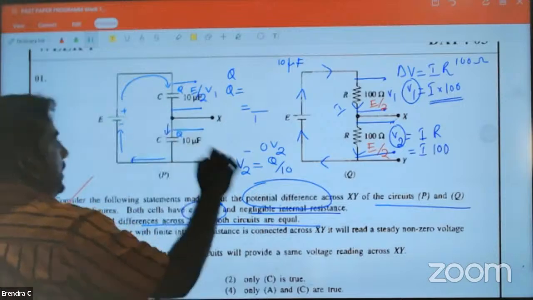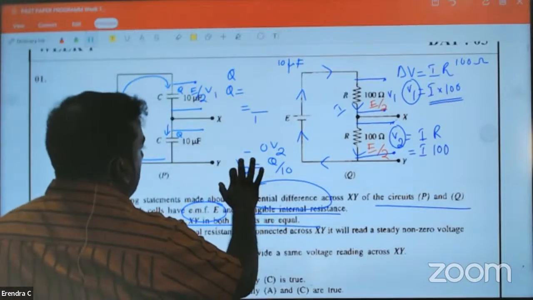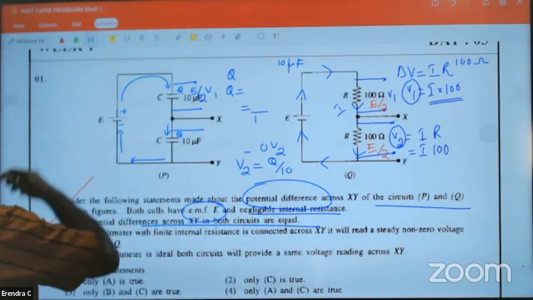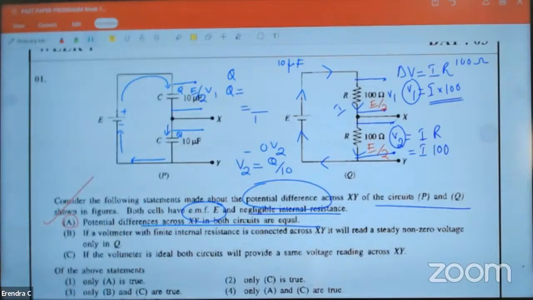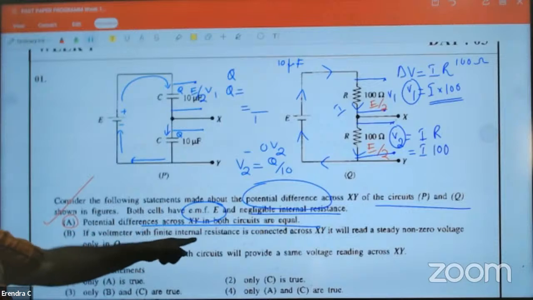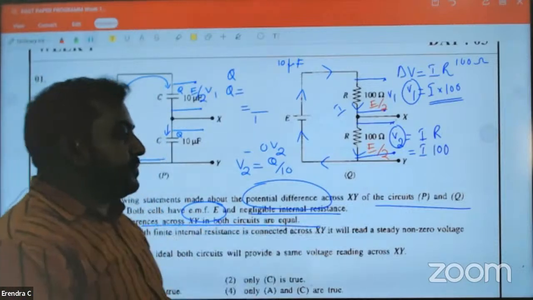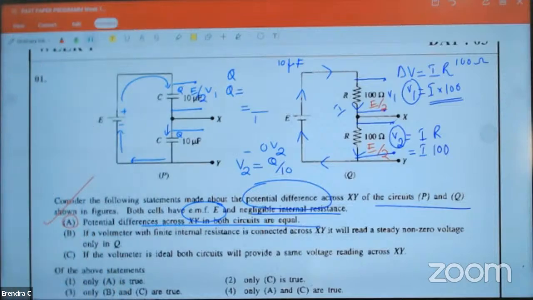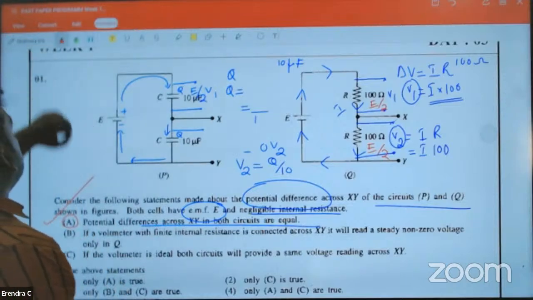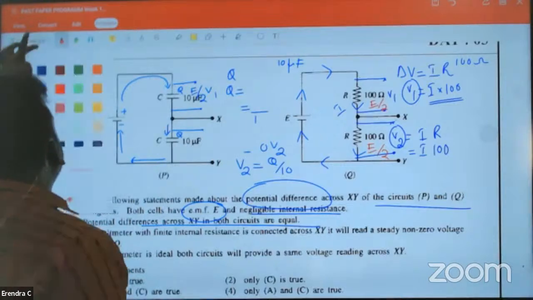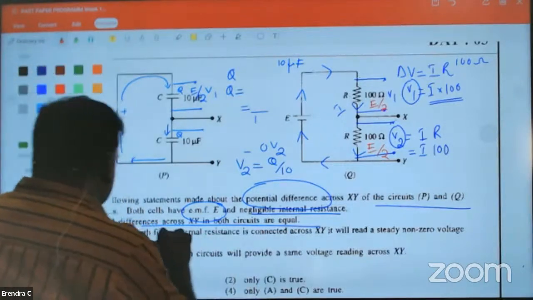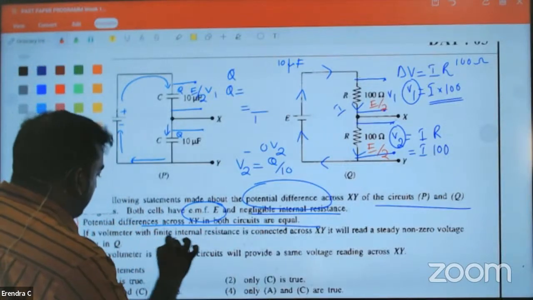What's your next statement? Next statement: if the voltmeter with finite internal resistance is connected across XY, it will read a steady non-zero voltage. Now, look at this.